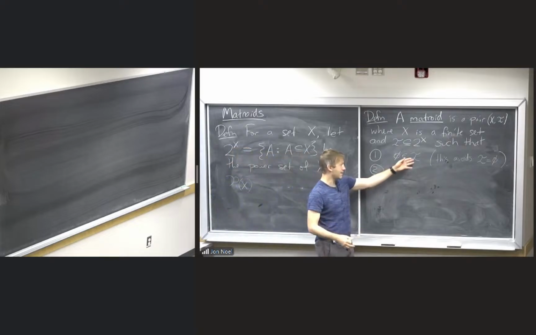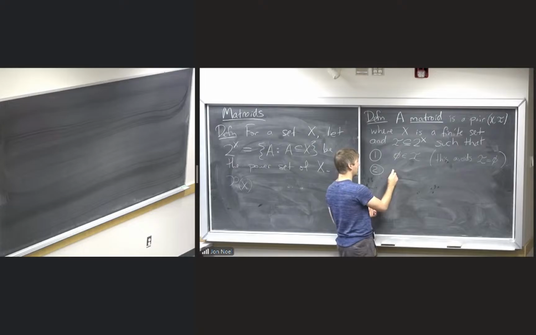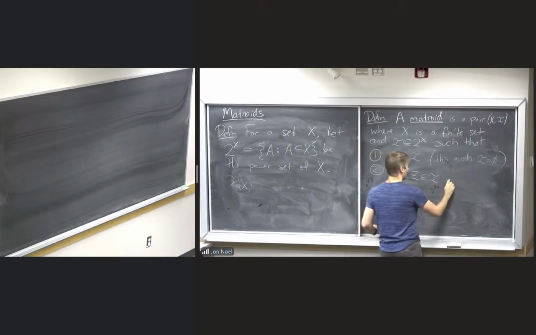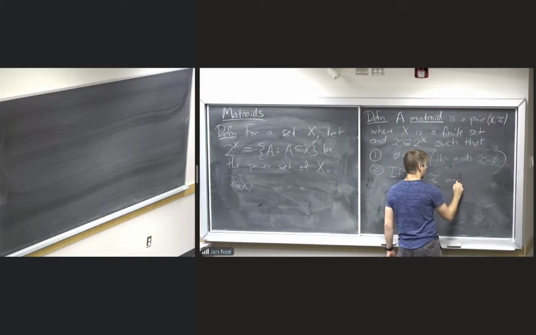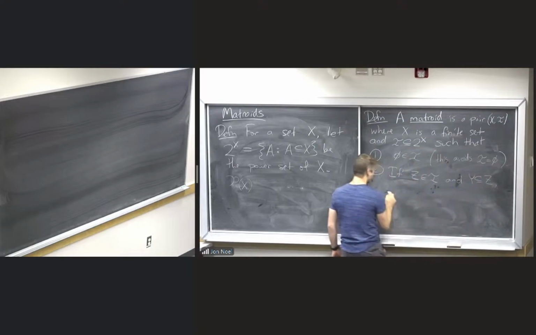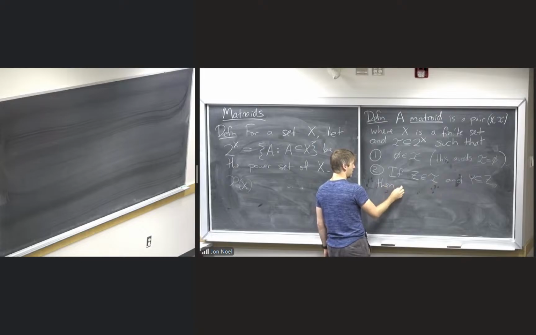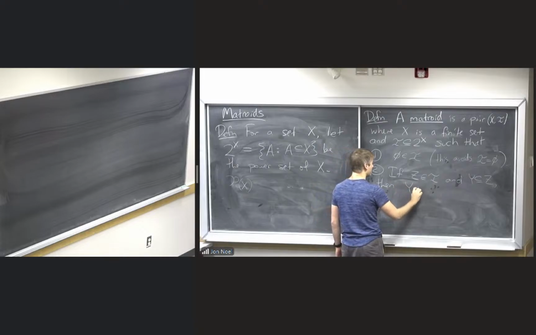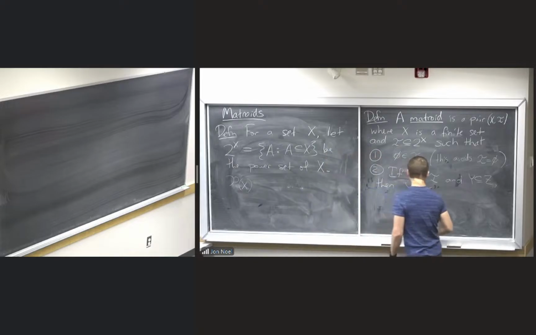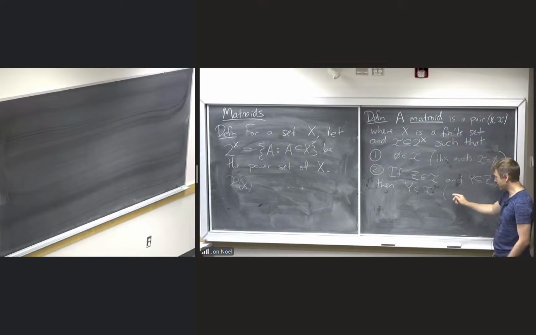So if Z is an element of I, and Y is a subset of Z, then Y also has to be an element of I. In other words, this means that the collection is downward closed.